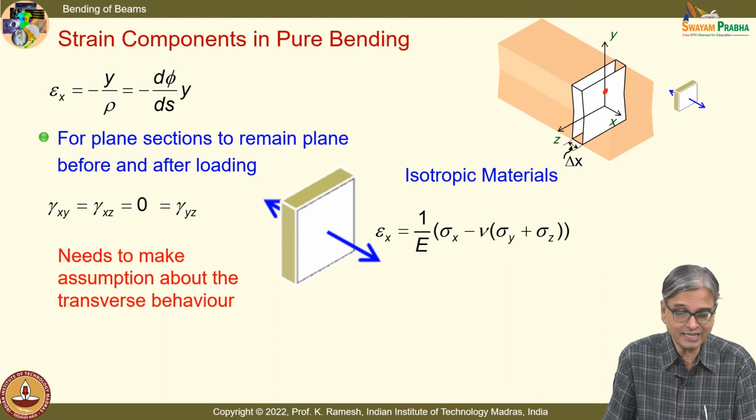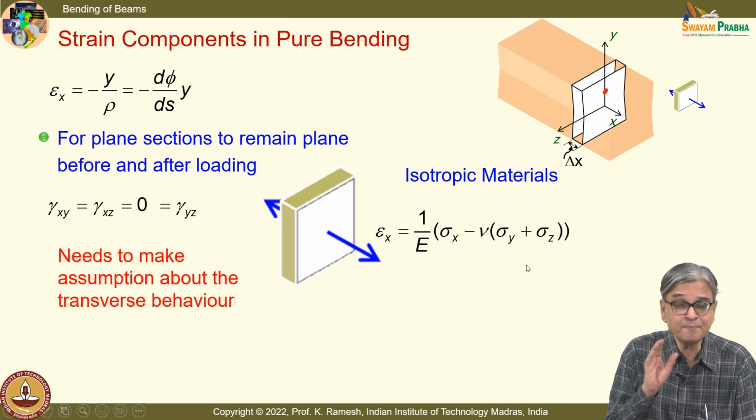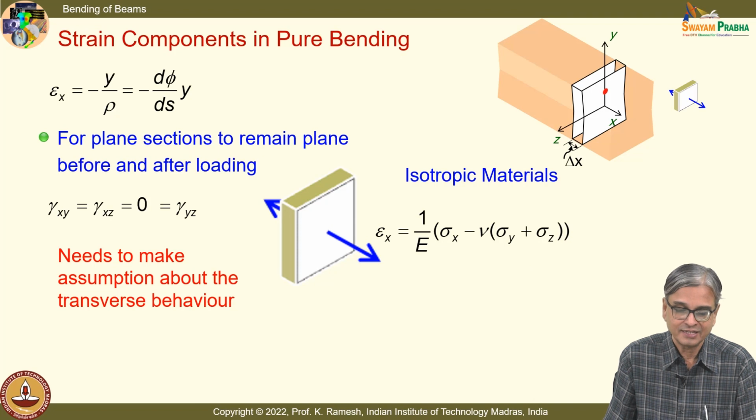When I write the generic expression for an isotropic material, I can write epsilon x as 1 by E times sigma x minus nu times sigma y plus sigma z. And in this simplified loading, I have applied only bending moment, and we are handling small deformation, and we are also handling slender members. Sigma y and sigma z go to 0.